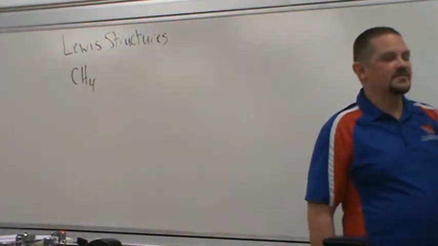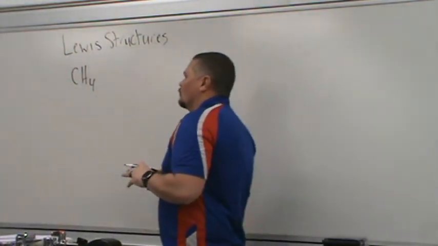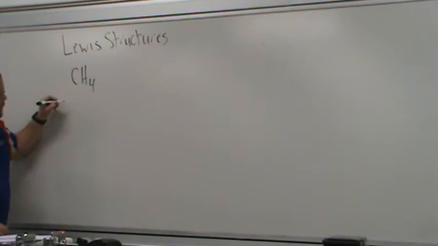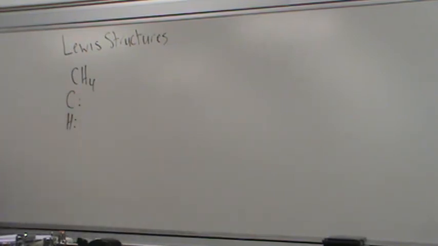All right, so our first one is going to be CH4. First thing that we're going to do is figure out how many valence electrons we're working with total in our compound. And the way that we do that is break it up into the individual elements.